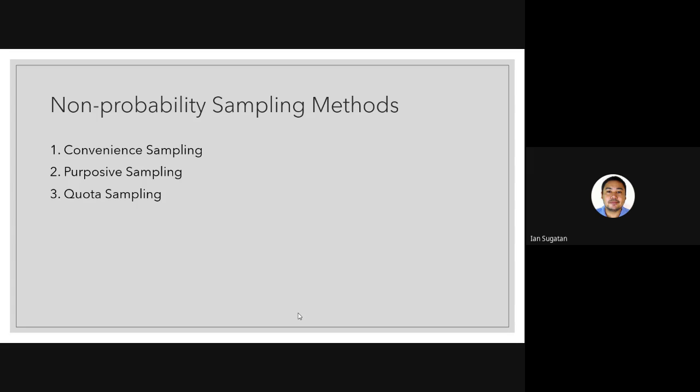So that is purposive sampling. For quota sampling naman, you have to put up a quota. For example, 80 out of 100. So, out of a population of 100, you must reach 80% to meet your quota. So, that is quota sampling.